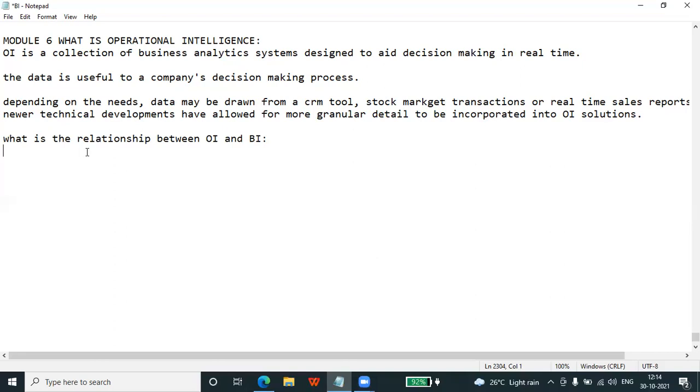The primary difference between the two technologies is timeliness. In simple terms, business intelligence relies on historical data, such as server logs, past financial reports, and industry analysis.